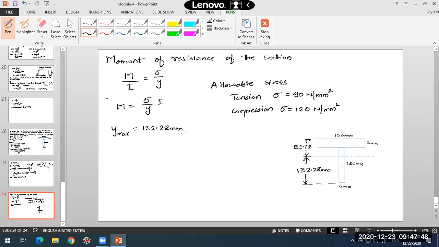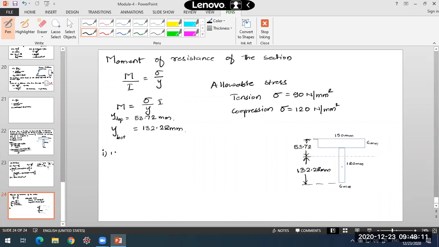Wait, just a minute, let me make it not y max, we'll take this to be y bottom, and y top is 53.72 mm, because both have been asked for, sagging and hogging.